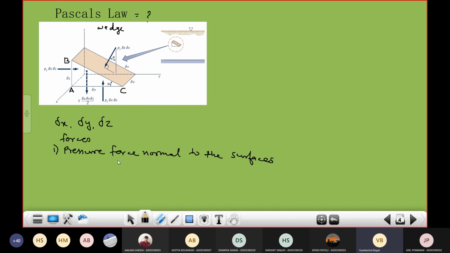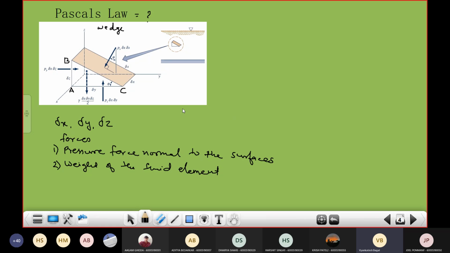There are a number of surfaces, so normal to the surfaces. And second is the weight of the fluid element. We know this, weight of the fluid element. This is also called a body force. So there are only two types of forces acting on this fluid element, right?